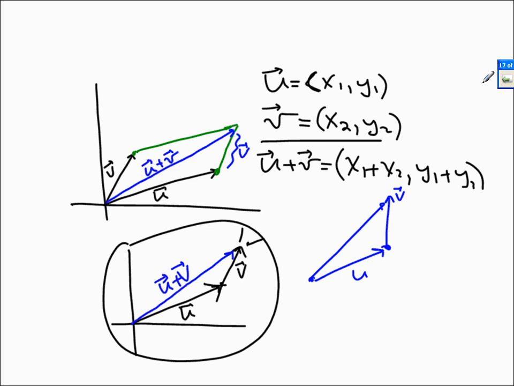The directions are very, very important. You have to put the tail of v by the head of u. Or you could have put the tail of u by the head of v and go that way.